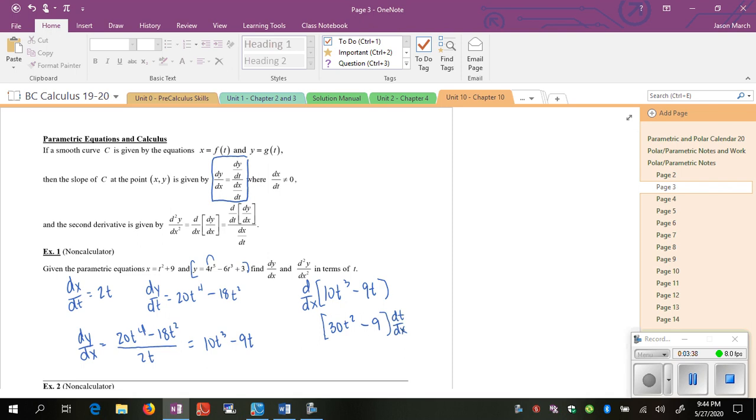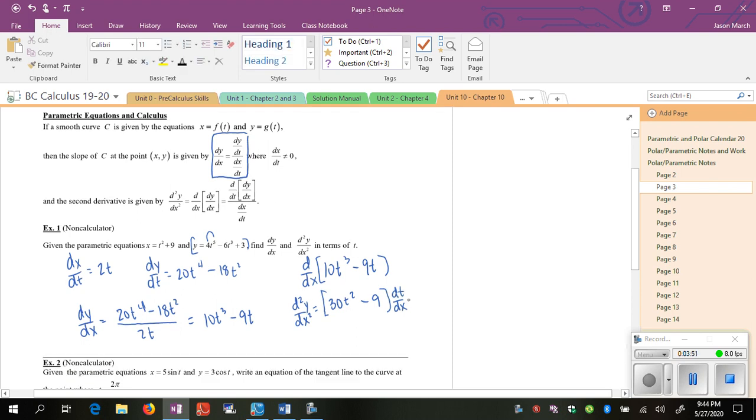But I don't like having this dt dx lingering off, right? So this is d2y dx2, or d squared y dx squared. So to take care of this, well, this is just the reciprocal of dx dt, right? So if dx dt is 2t, dt dx is equal to 1 over 2t.